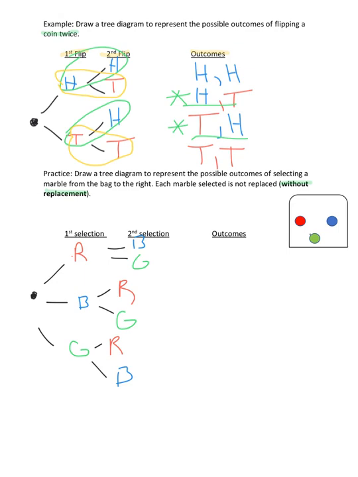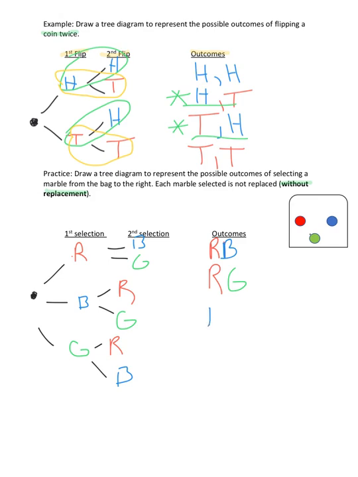Now take a second and think, what would the possible outcomes be? If I go into the bag and I select two marbles, one option would be to select red first and then select blue. Another option would be to select red first and then green. Notice red is not an option second because there's only one red marble in the bag.